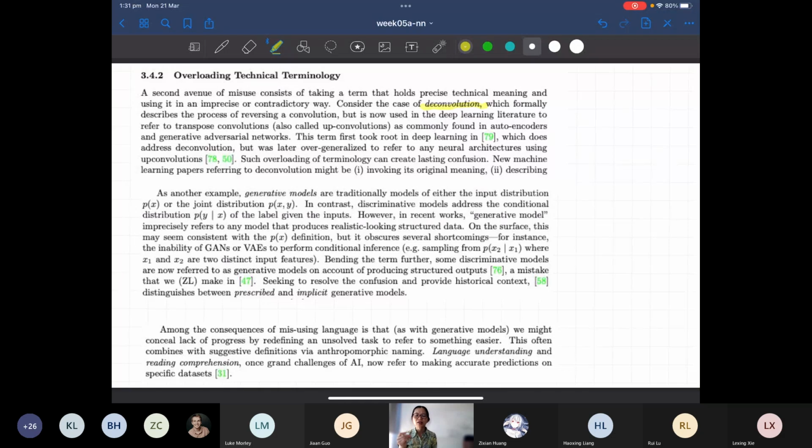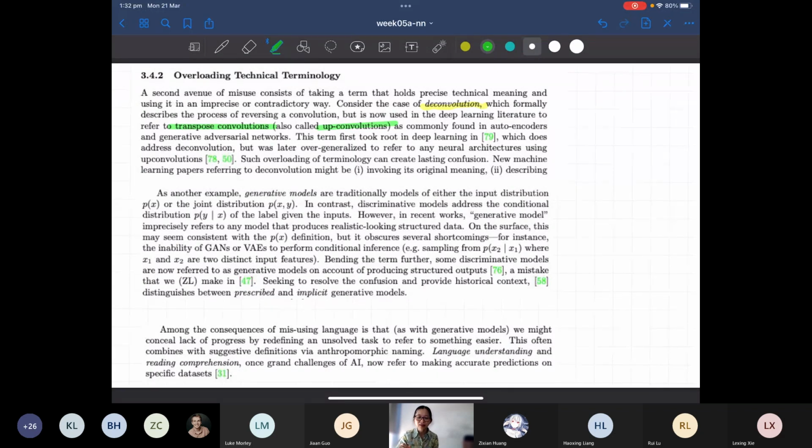But now it is being used to mean transpose convolution, or what's called up convolution in neural networks, which is something entirely different. We're just changing the dimension of input and output.